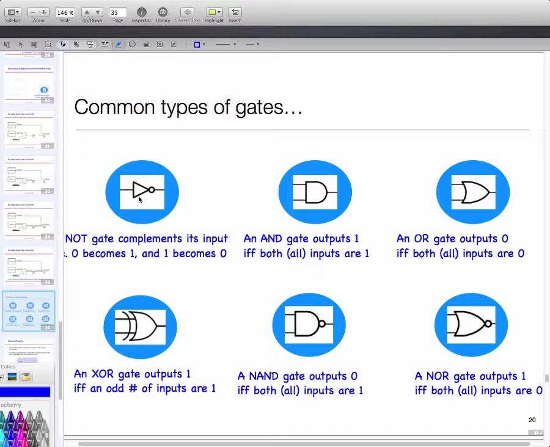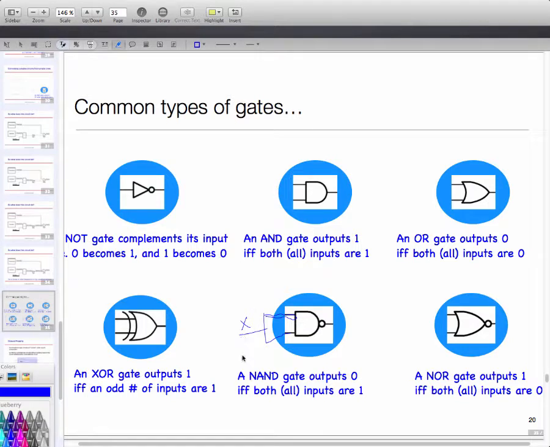So let's see what will happen. If I tie the 2 inputs together, and let's call this x. Now if x is 1, then both the inputs to the NAND gate are 1, and according to what we have out here, the output would be 0.